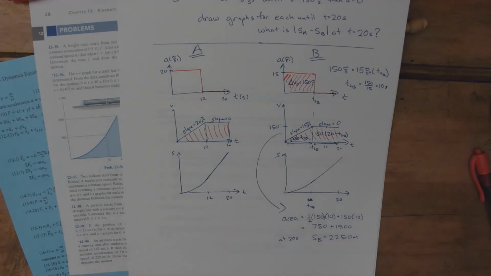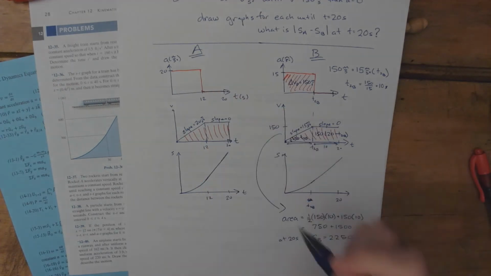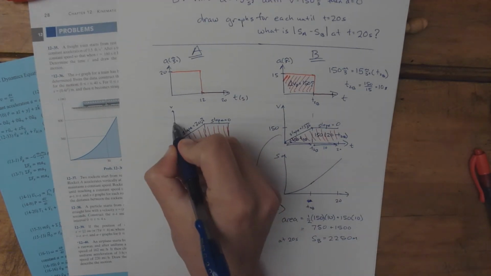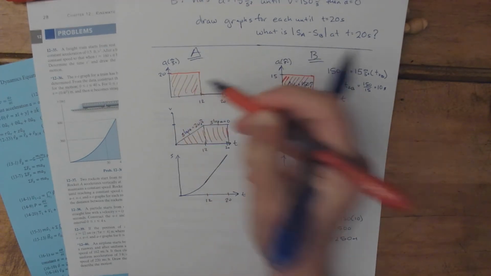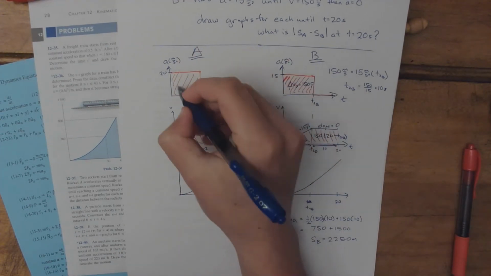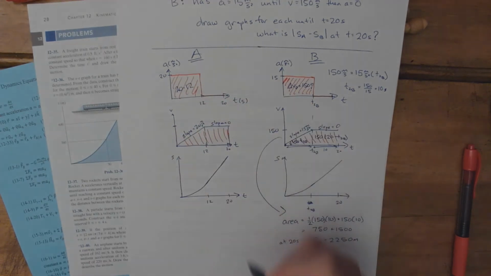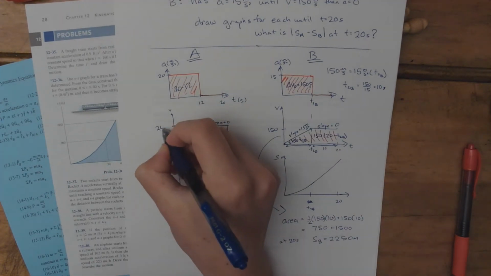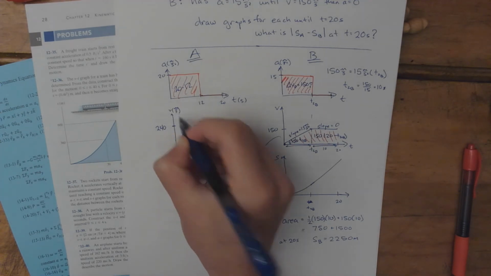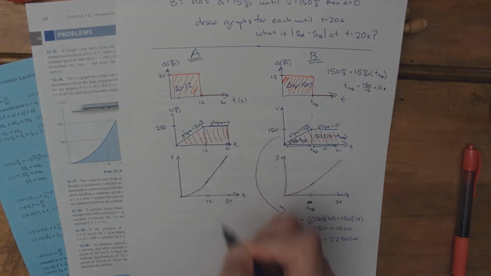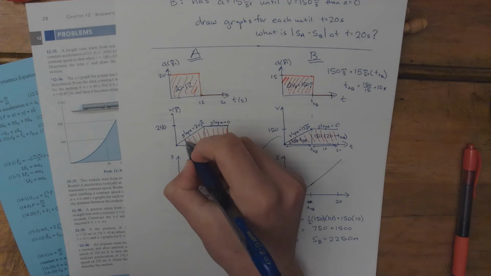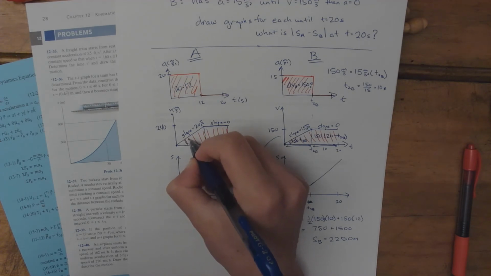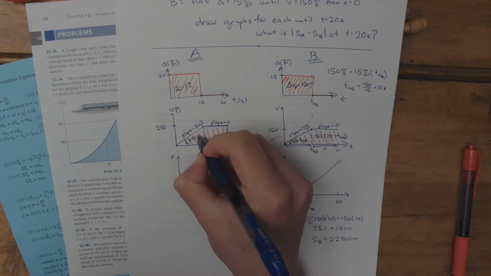For rocket A, we want to know what this velocity is. So that is that area, which is 20 times 12. So that gives us 240 meters per second for the constant velocity that the rocket reaches at 12 seconds. So this area here is going to be 1/2 times the height, which is 240, times the time, which is 12.